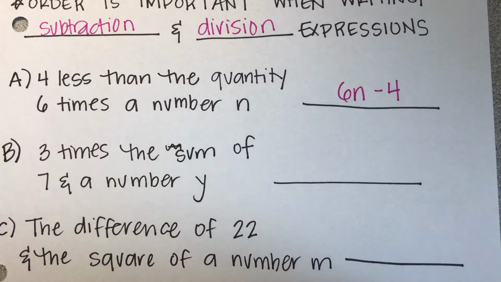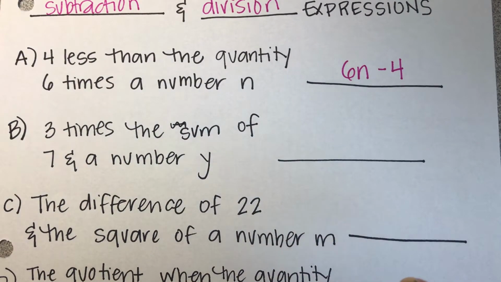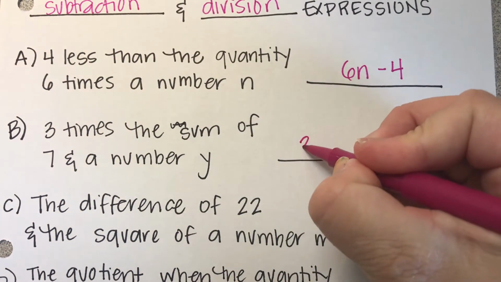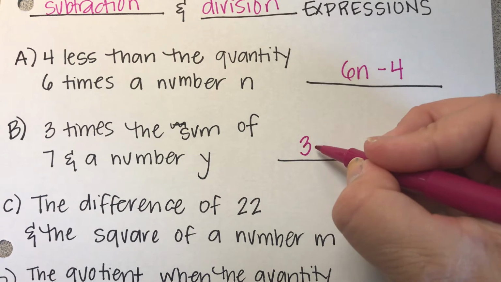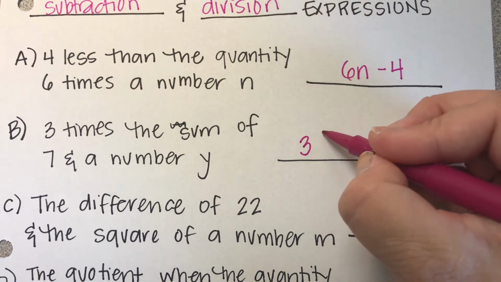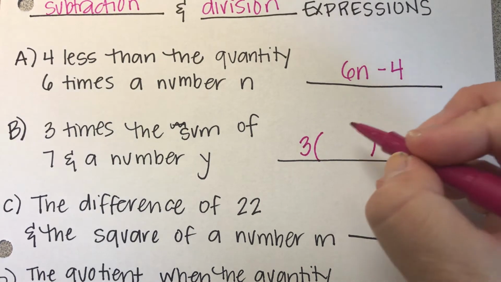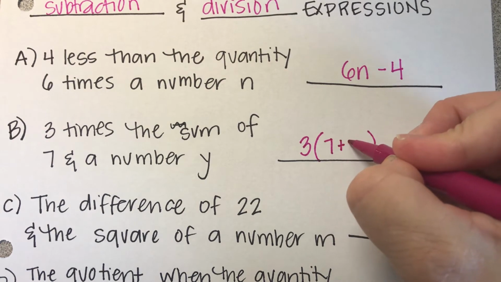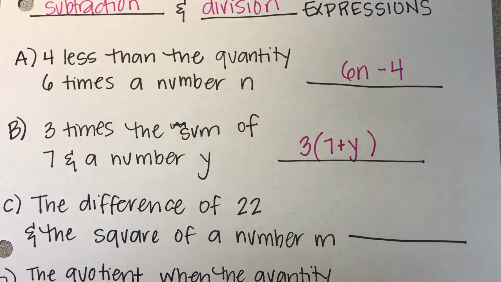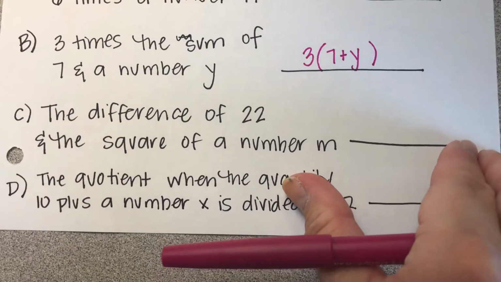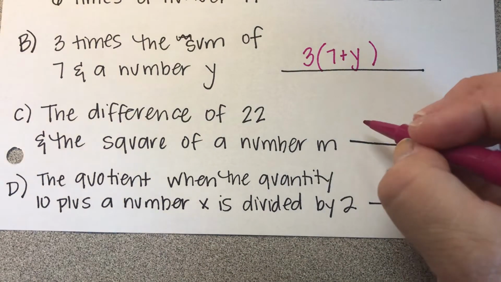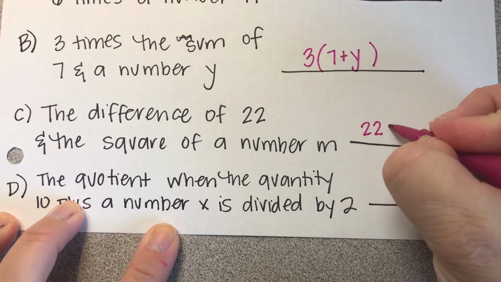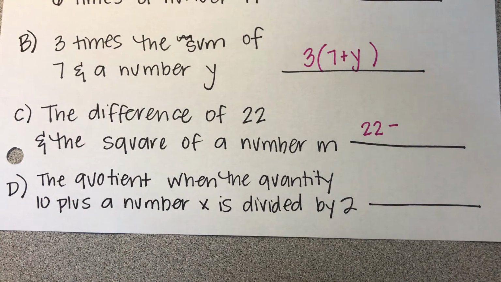Look at letter B. It says 3 times the sum of 7 and a number y. So it's not just 3 times a number, it's 3 times the sum of 7 and y. For letter C, it says the difference of 22 and the square of a number m.